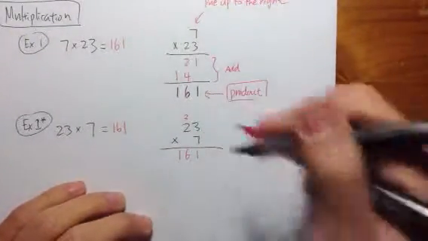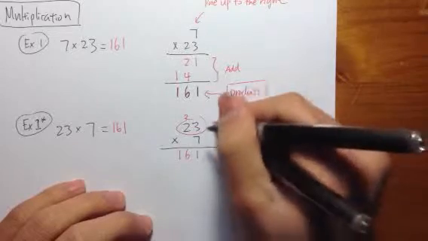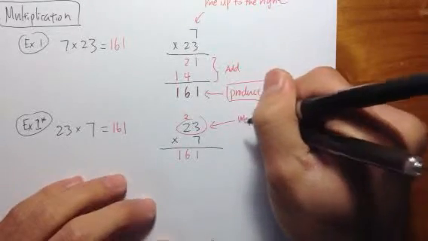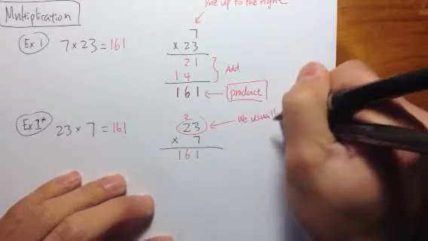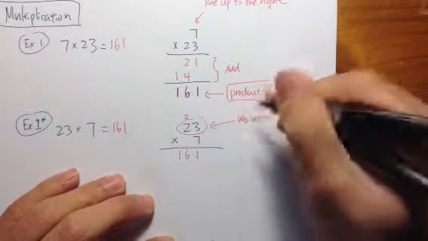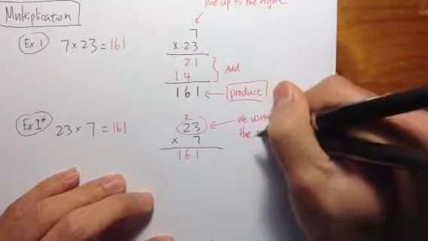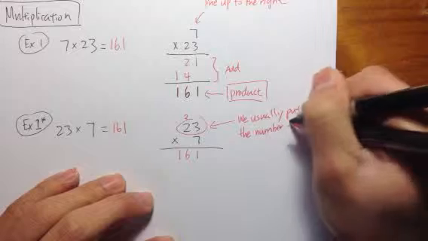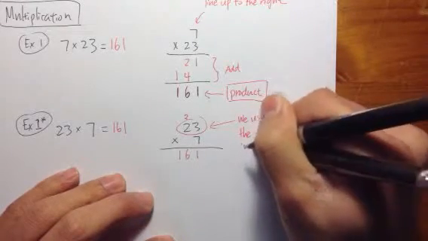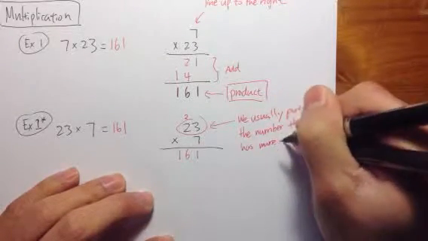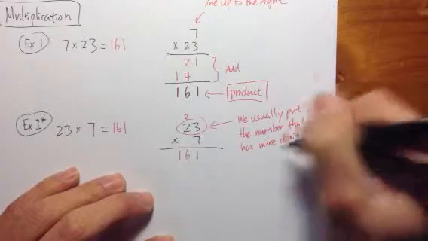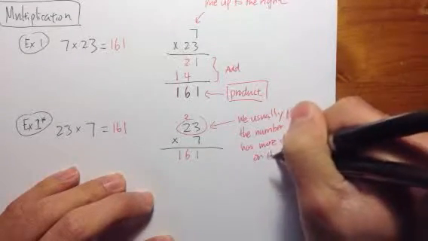So the idea is we usually put the number that has more digits on the top.